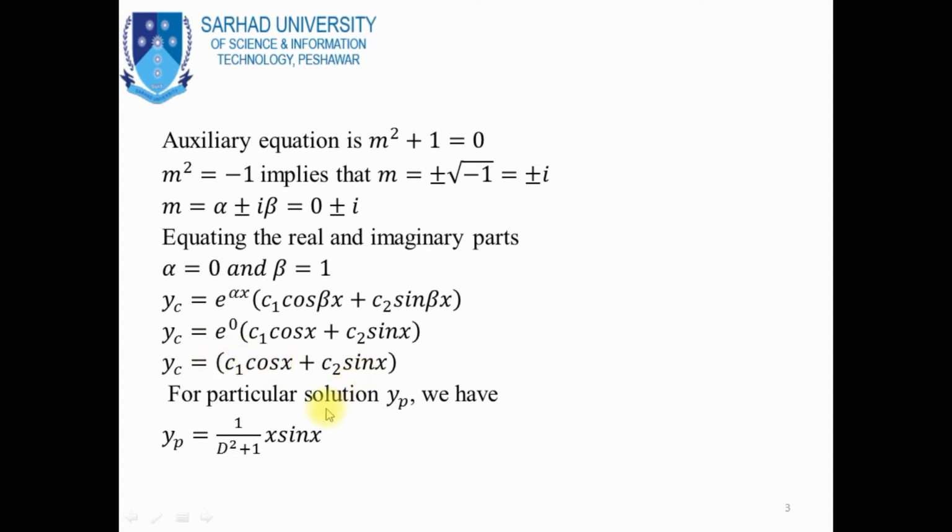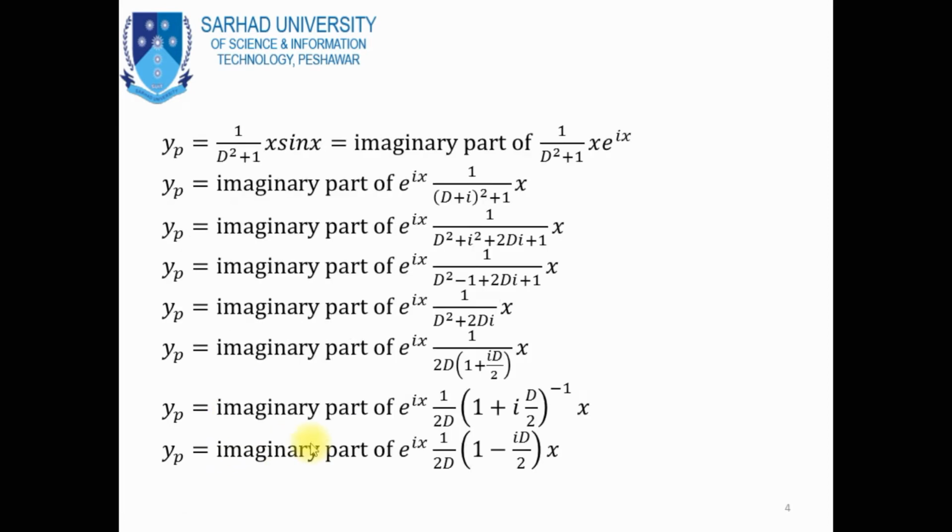Now this is very important for finding the particular solution when a trigonometric function is multiplied with a polynomial. For the particular solution, the inverse operator is 1 over (D square plus 1) into x sine x. So dear students, you see over here this is the particular solution.